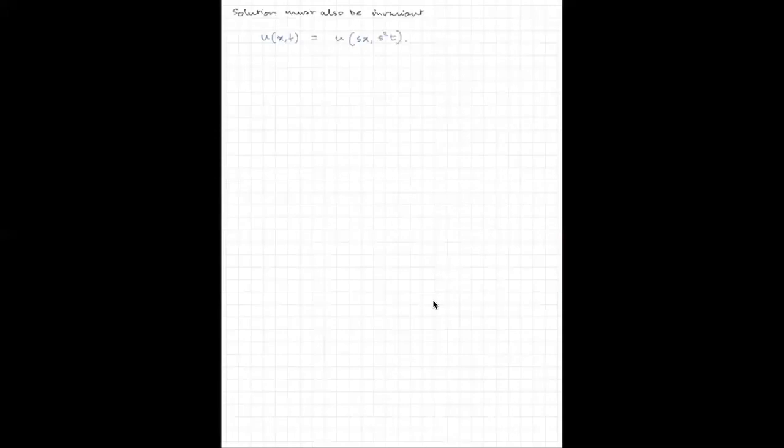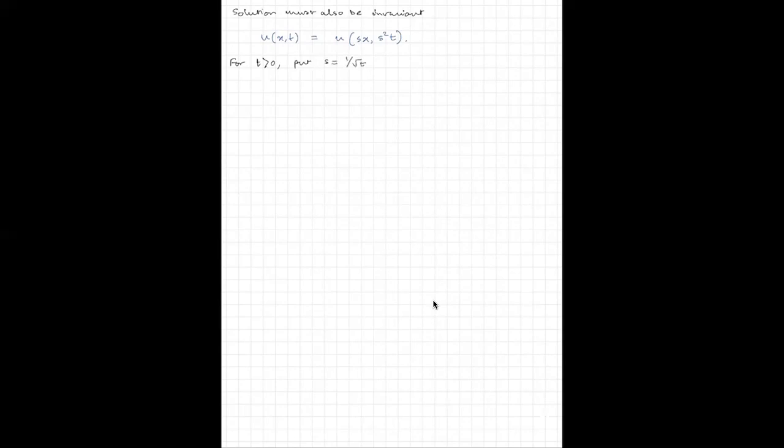So let's do the following. For t greater than 0, let's put s equal to 1 over square root of t.